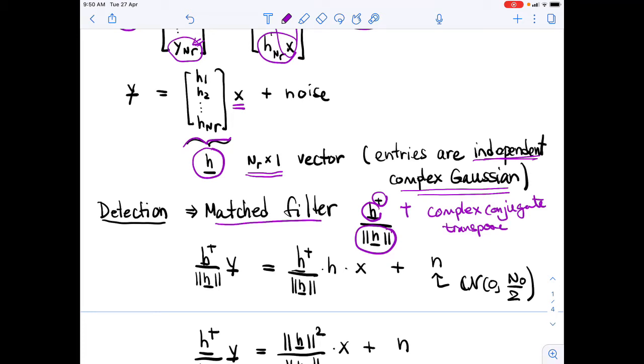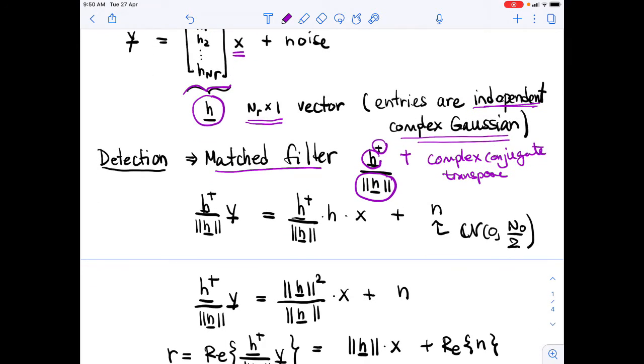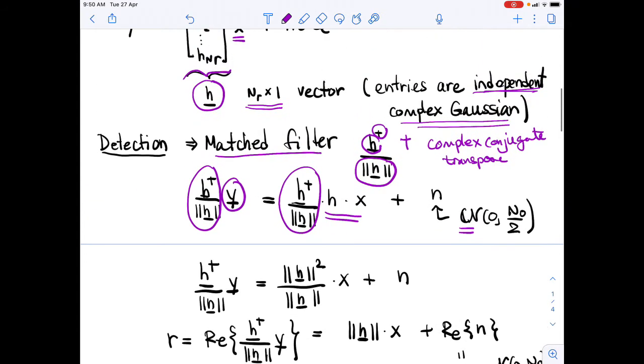So we make sure that we normalize the power at the receiver. So we take the match filter and multiply with the receive vector. That means we take this multiplied with this, and there's always a noise. The noise is complex Gaussian, mean 0, and variance N0.